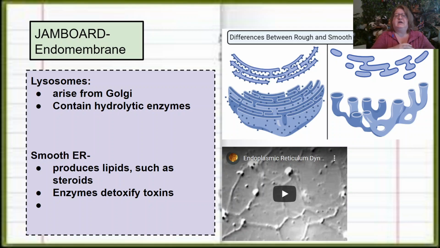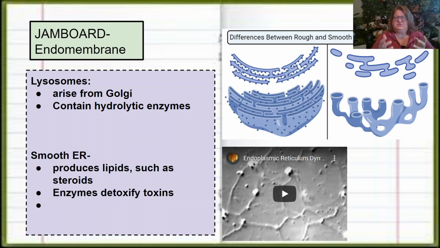Those cells are going to have a lot of smooth ER because they're manufacturing these steroids and lipids. So the smooth ER is not going to be focused on proteins, it's going to be focused on oils and fats and steroids, and also detoxifying toxins and poisons. The liver has a lot of smooth ER because it's involved in detoxification.